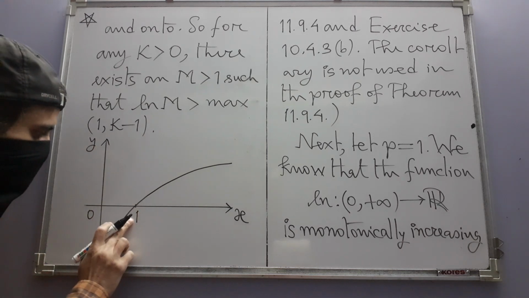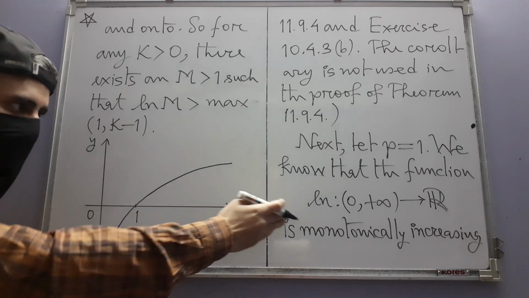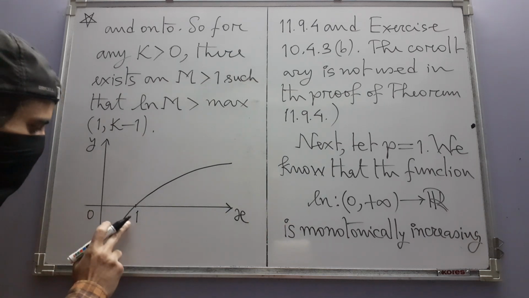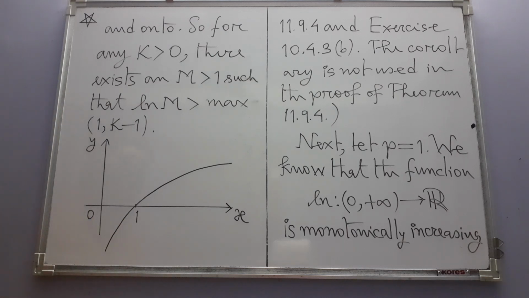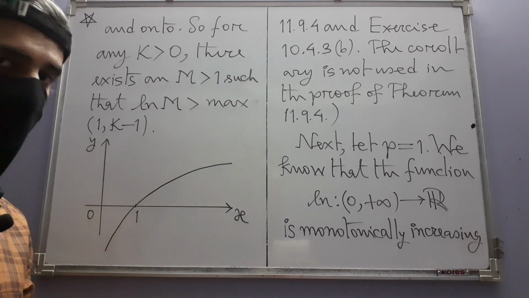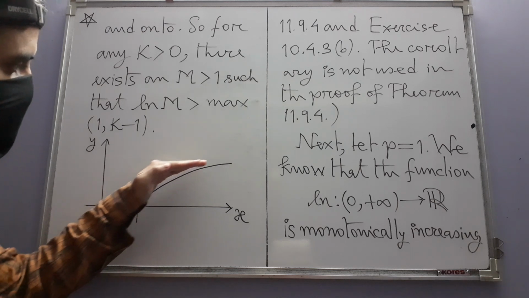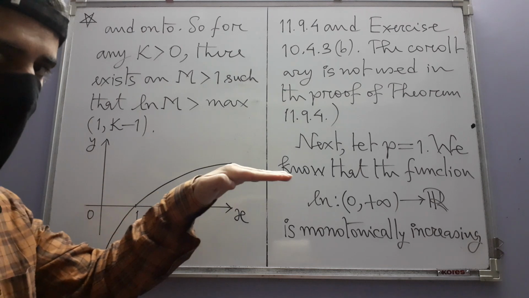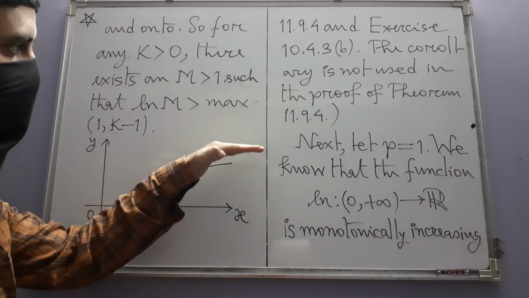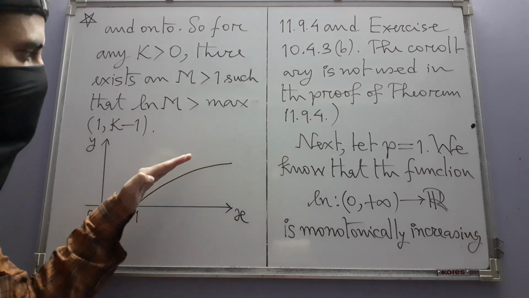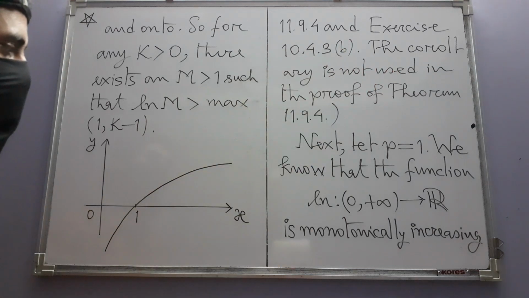It becomes 0 at 1, log 1 is 0. Natural logarithm means base e. On this side of 1 it becomes negative. On that side of 1 it becomes positive, but still it keeps on increasing. The rate of increase itself goes down, but it continues to go up, but the rate slowly goes down.